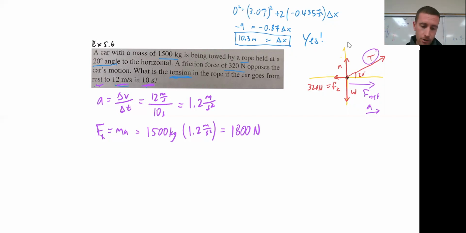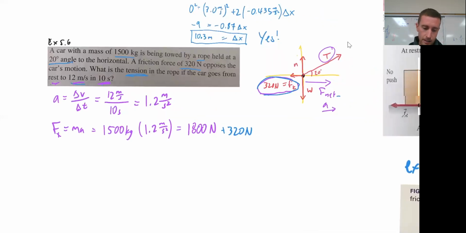But I also have to overcome that 320 force of friction, right? So the tension on the rope has to be my 1,800 plus my 320 newtons to overcome that force of kinetic friction, because my net force has to equal 1,800.